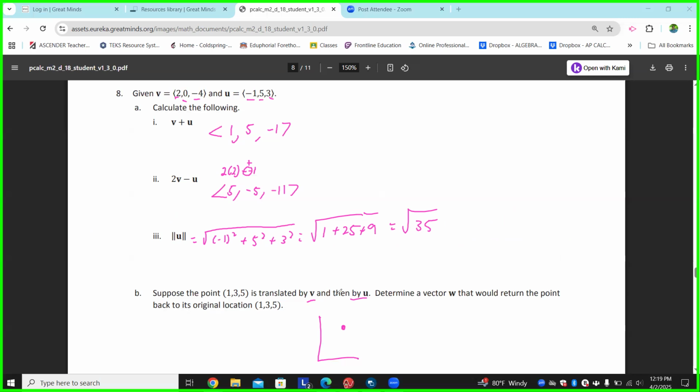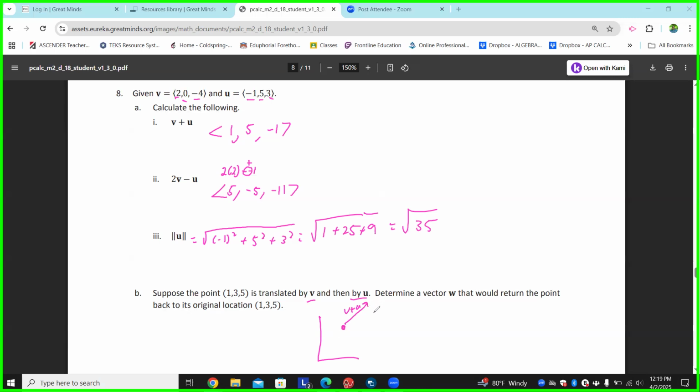There it is right there, the distance from V plus U. So since I've already done the math for V plus U, I don't have to take this point and add the V, then add the U. I can just go straight to the V plus U. So let's say I add this V plus U, hypothetically, and I move it to some other point.